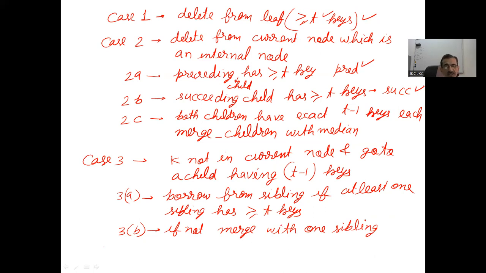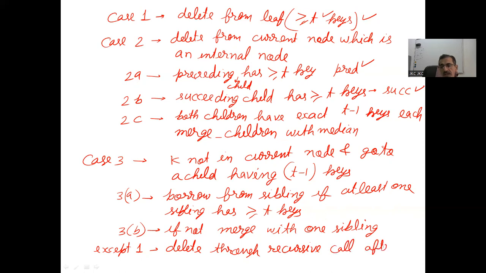And in all these cases, except case 1, deletion will finally be done through a recursive call after doing the adjustment. So this is the way my deletion works.